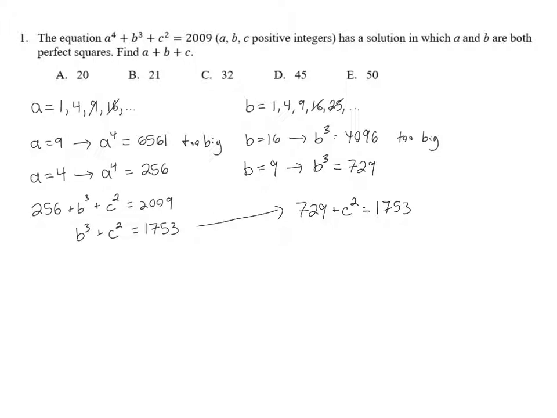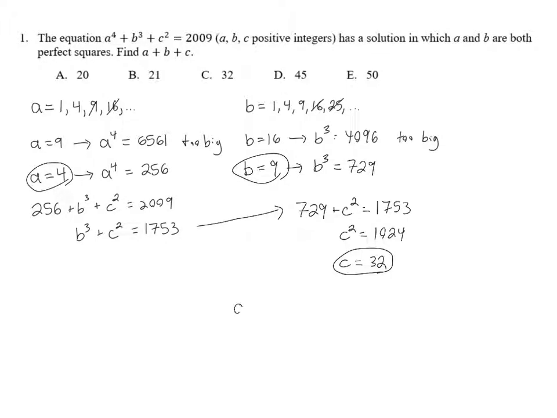If we subtract 729 from both sides, that leaves us with c squared equals 1,024. And if you take the square root of both sides, you end up getting c equals 32. And that gives us a solution. c equals 32, b equals 9, and a equals 4 fits the bill.